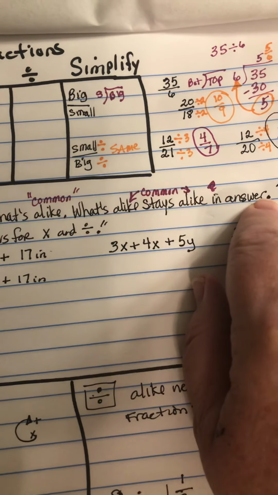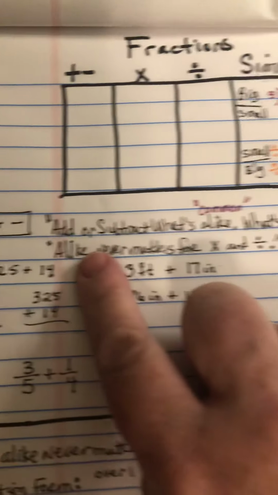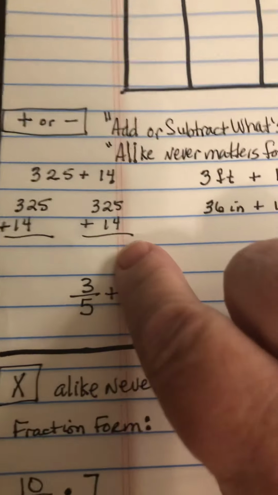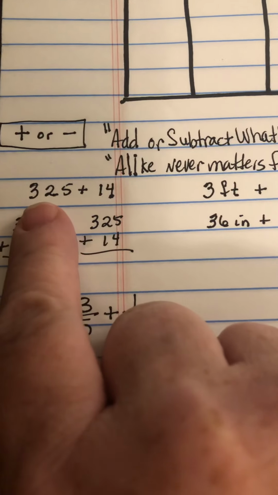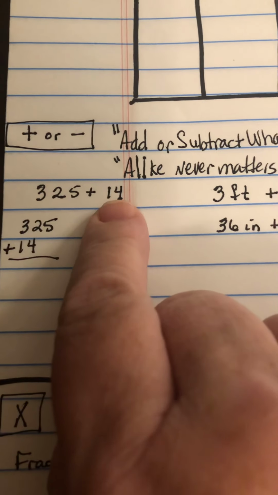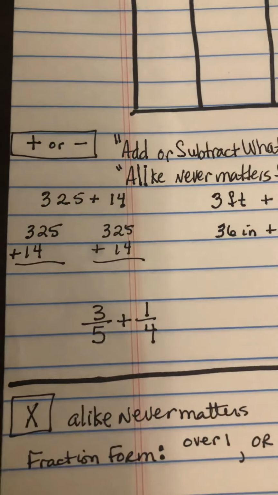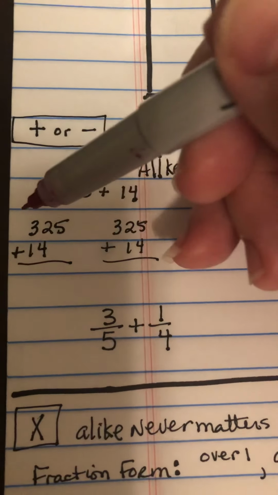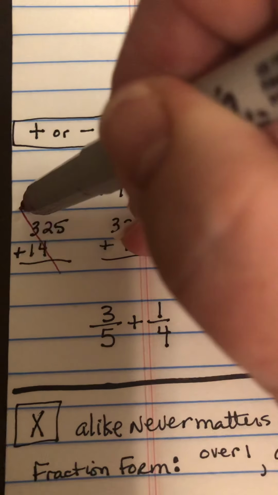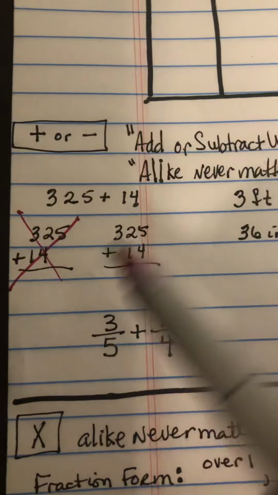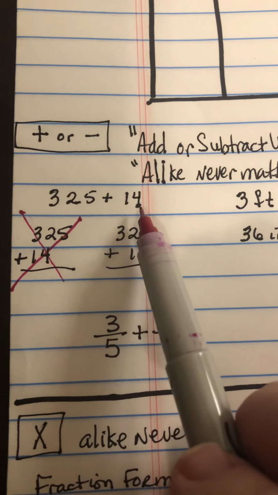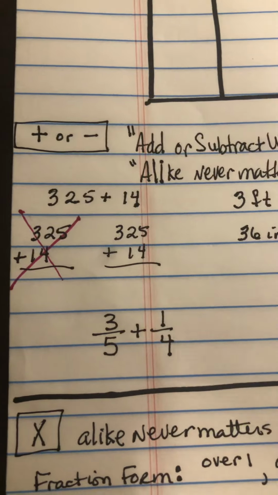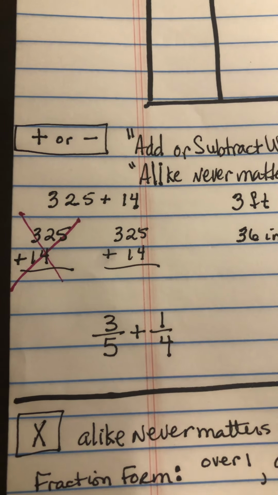Now, you may not have heard that phrase quite like that before, but you've done it before, because back in grade school when you added 325 plus 14, you knew that to stack them up to add them, you would not stack them up this way, because we knew that the 5 and the 4 had to be lined up, because what they had alike was that they were the same place value.